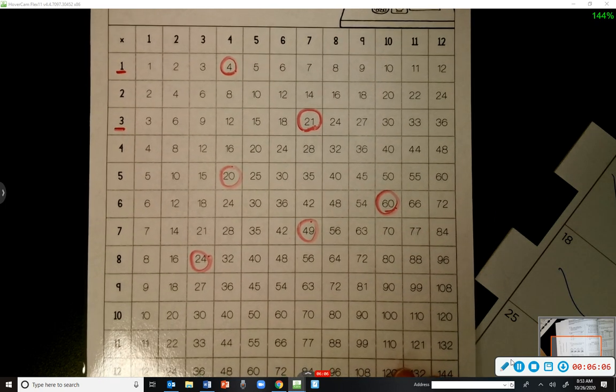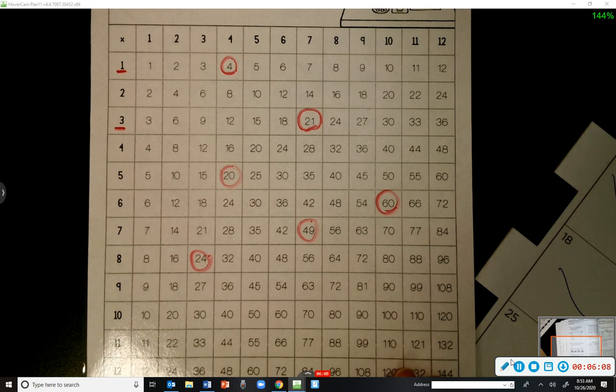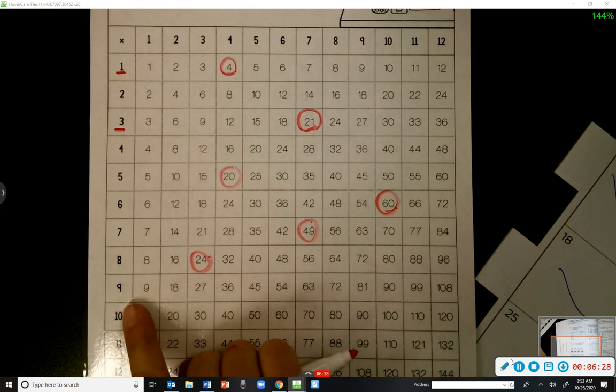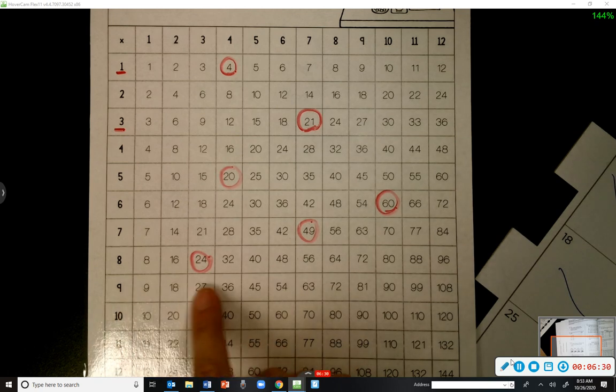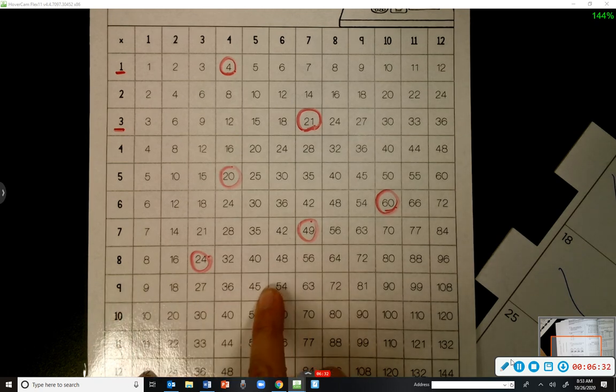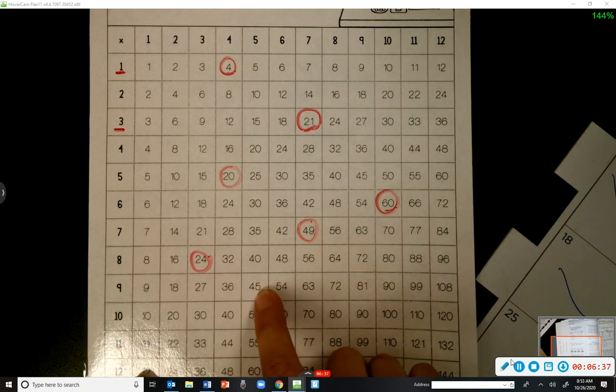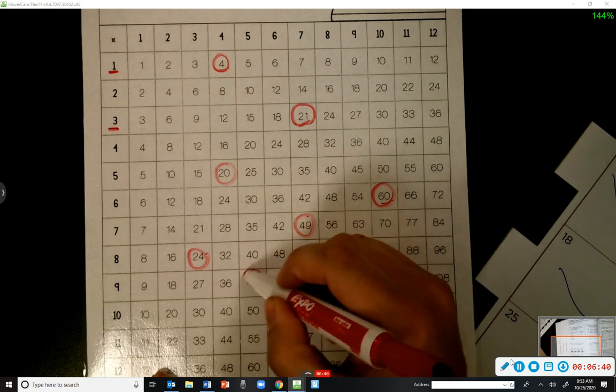You stop at the number that you tell the person to get, and then you just count it. You started at the 9 and counted over 5? Yes. Okay, so we start at the 9 because I said 9 times 5, and she went over to the 5th square, which is 45.